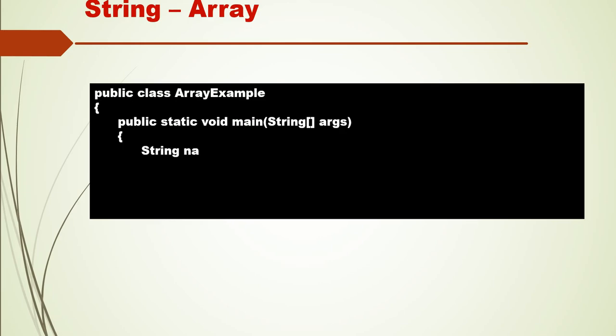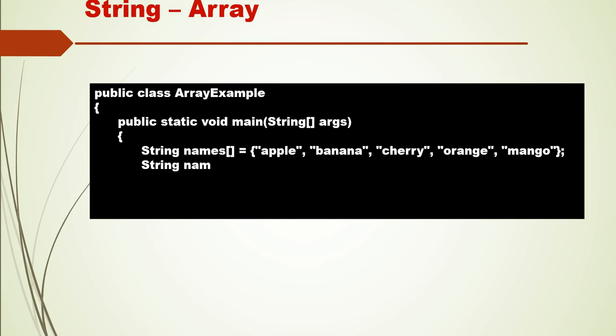A string array, let me explain with an example so you can understand about a string array. Public class ArrayExample. Inside this class, main method, that is public static void main, String array args, and then a String type names array like apple, banana, cherry, orange and mango, and a String type another variable, that is nam, equal to names of 2.